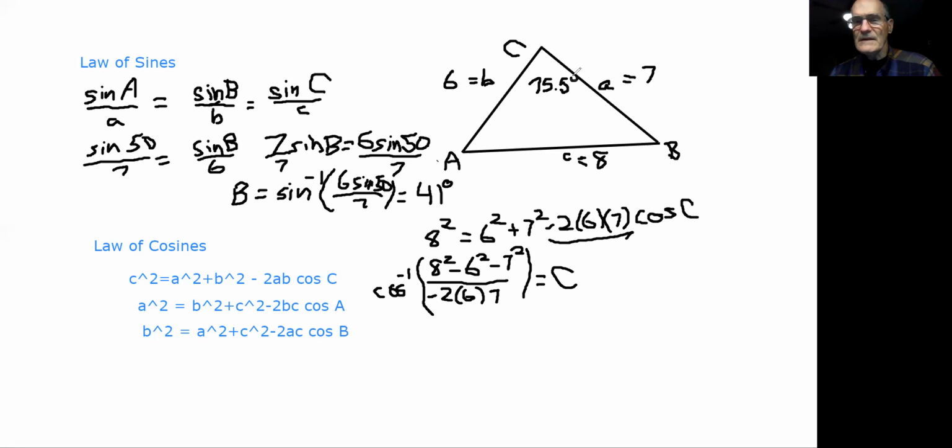Now, once I get this, once again I have the angle C and I have side c, so I can go back to the law of sines. I don't have to use the law of cosines again. Then I can find and complete the rest of the problem. Tomorrow, as I said, we're going to be working in the same section, doing the solving triangles part.